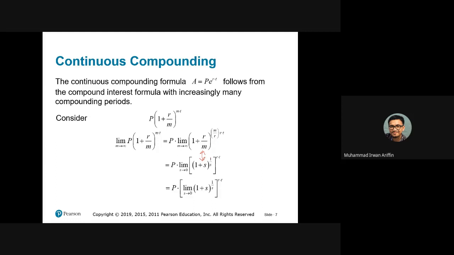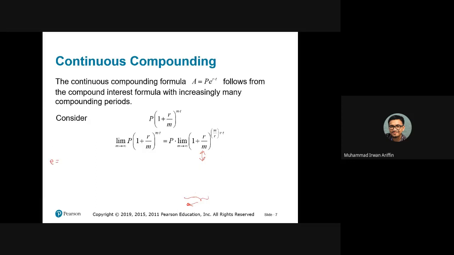So as S goes to infinity, take note that we can separate these two terms. This is the definition for E. If you compare this with the original, what is E previously?